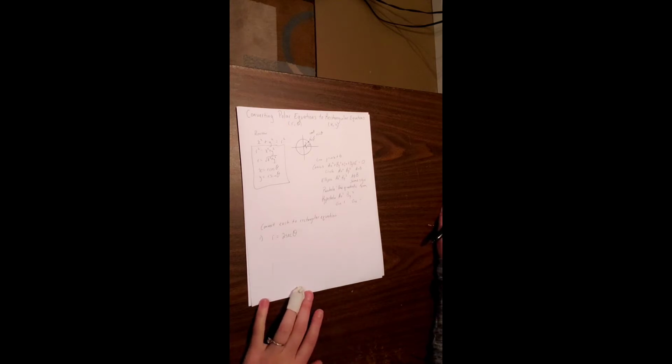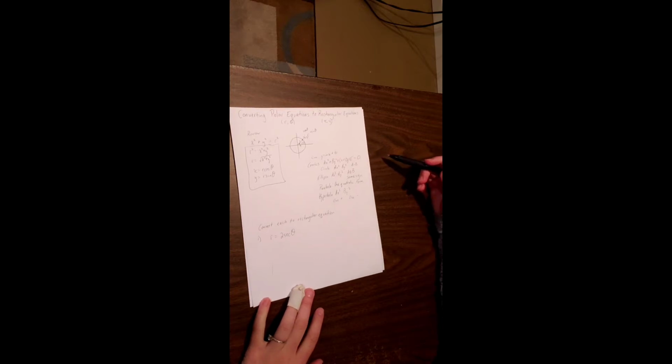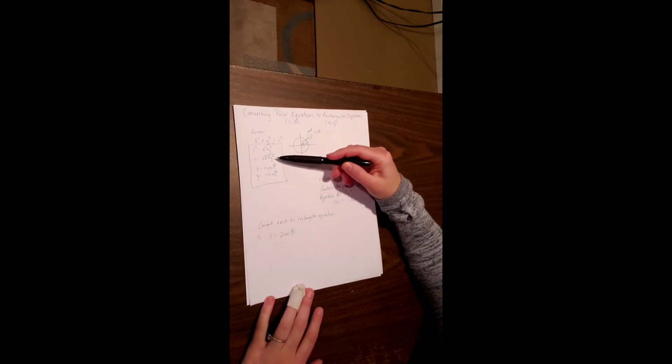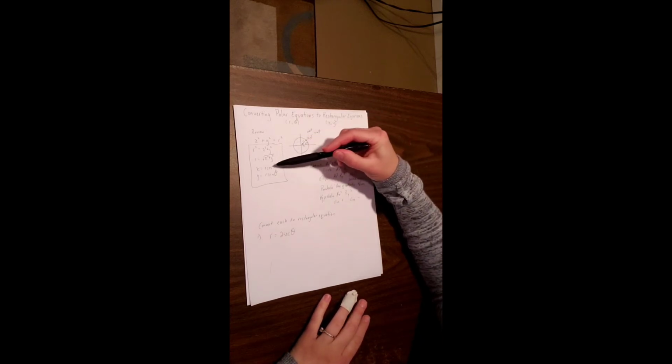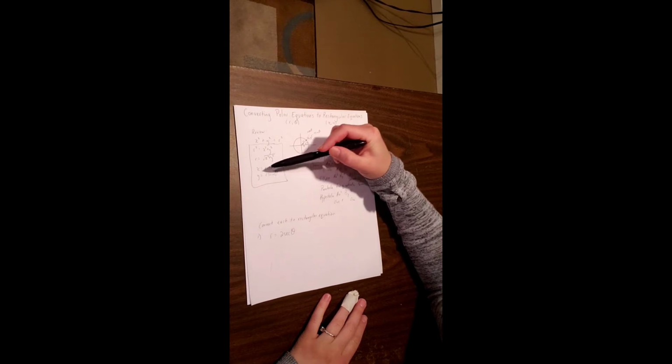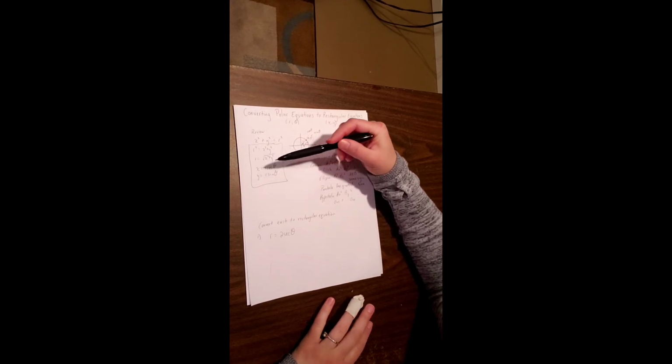So the first thing that we have to think about is how can we substitute in what we know about the relationship between polar and rectangular equations. We know that r cosine theta is x, r sine theta is y, and that r we could replace with the square root of x squared plus y squared.